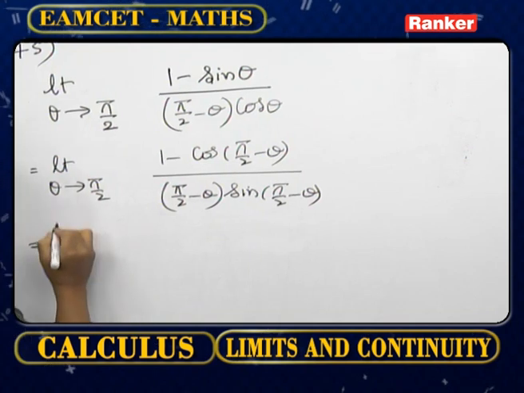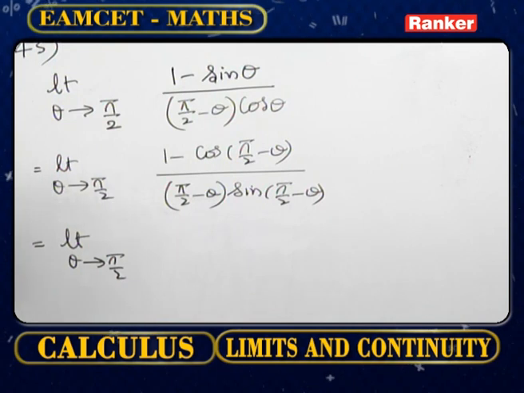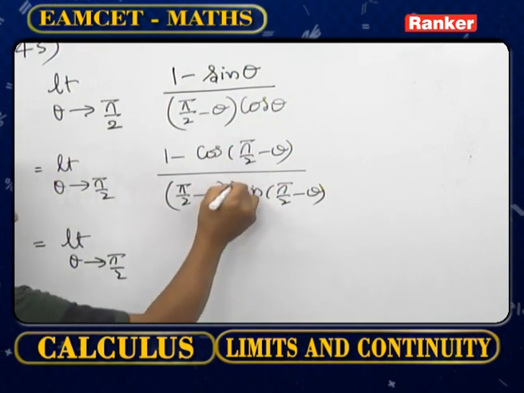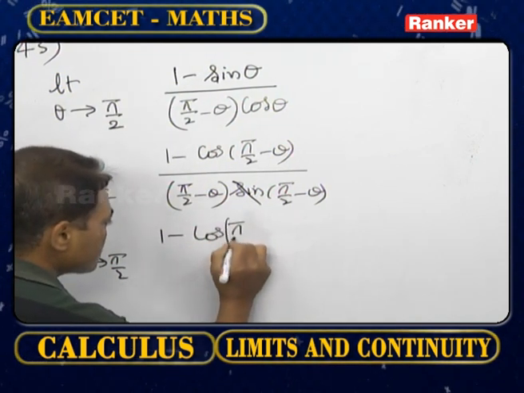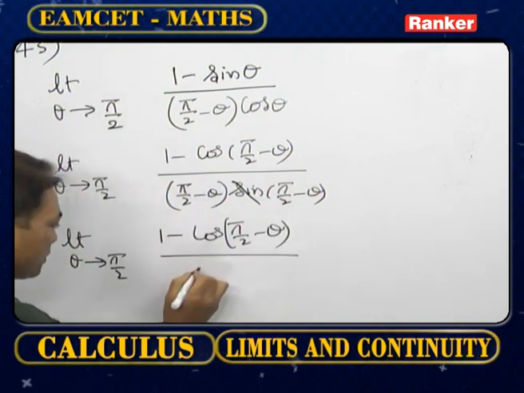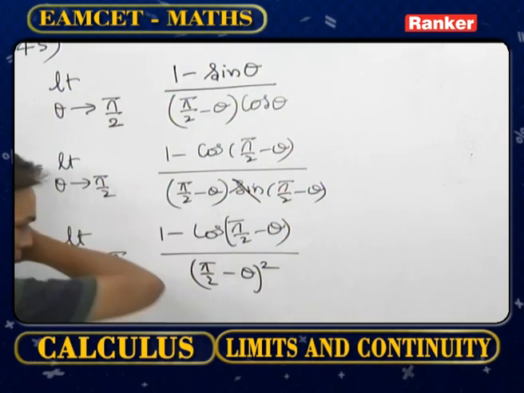Now, theta tending to pi by 2 in the sense pi by 2 minus theta tends to 0. Then this becomes only pi by 2 minus theta. You can remove this sine. So it becomes 1 minus cos of pi by 2 minus theta over pi by 2 minus theta whole square.